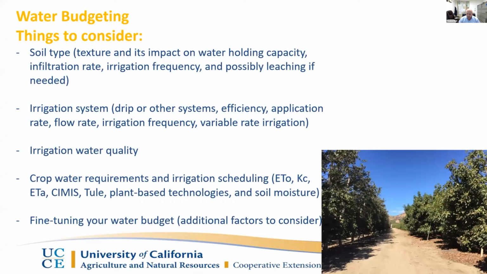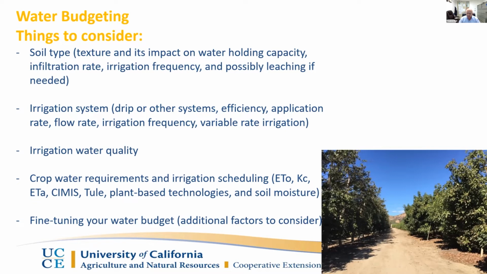When we talk about water budgeting, there are a few things that we have to consider. The first thing would be the soil type. What kind of soil do I have? That has lots of impact on our decision. Basically, we want to know what kind of texture. Do we have a fine textured soil, medium textured, or light soil?